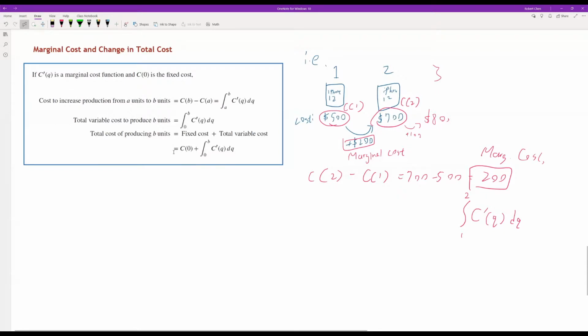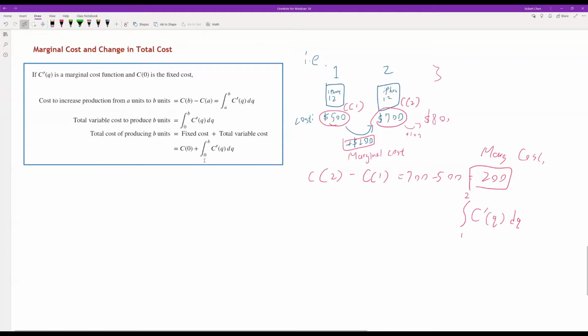So you have to include the fixed cost as part of your cost, the amount of money you spend buying machines, and then of course the amount you spend on buying materials. The amount of materials is going to affect how many units you make, and that will be the variable cost.